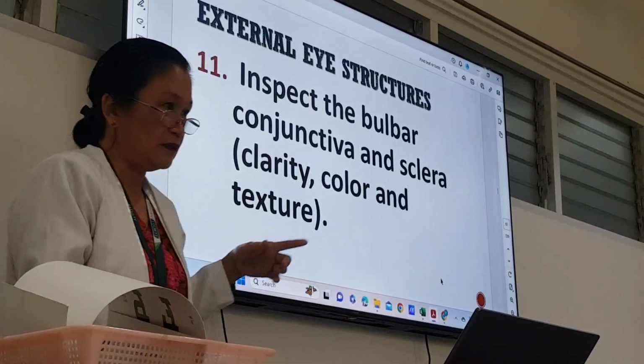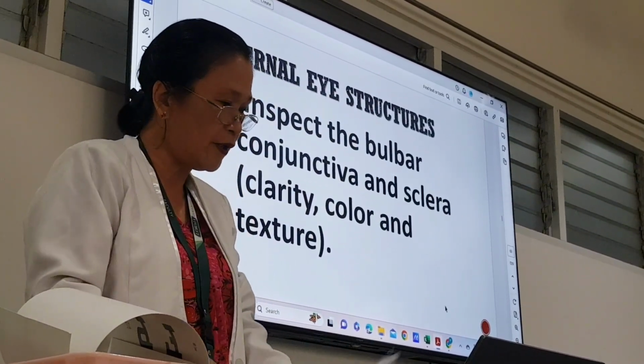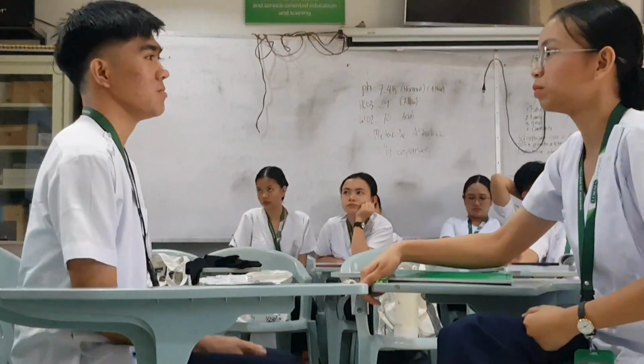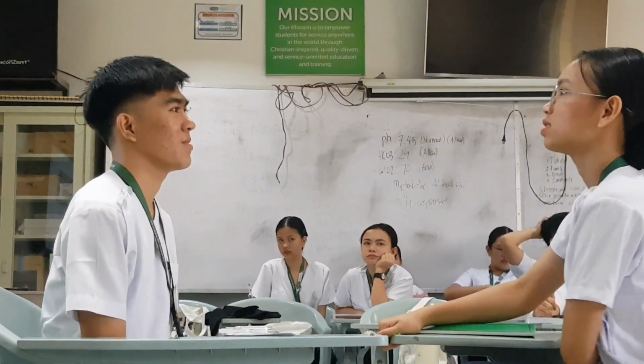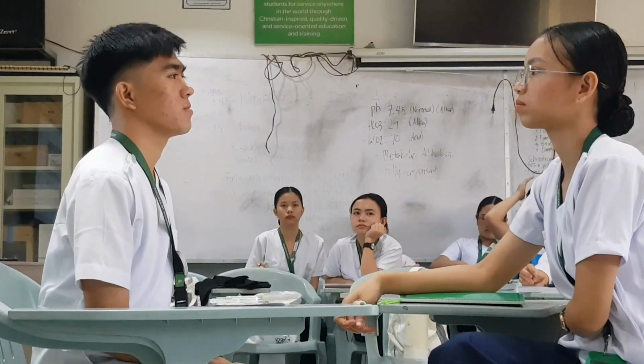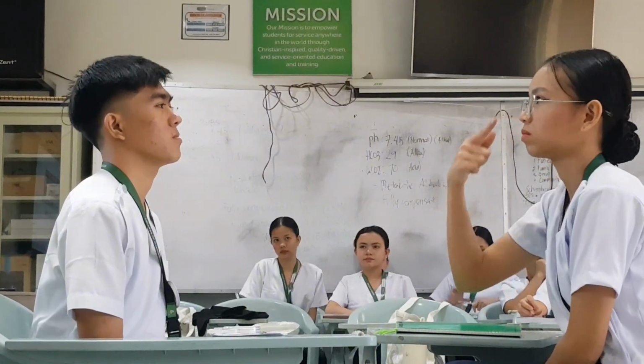And inspect the bulbar conjunctiva and sclera: clarity, color, and texture. Now kindly inspect the bulbar conjunctiva. Your bulbar conjunctiva is a thin, translucent membrane that covers the sclera and the inner lining of the eyelids. That is your bulbar conjunctiva.